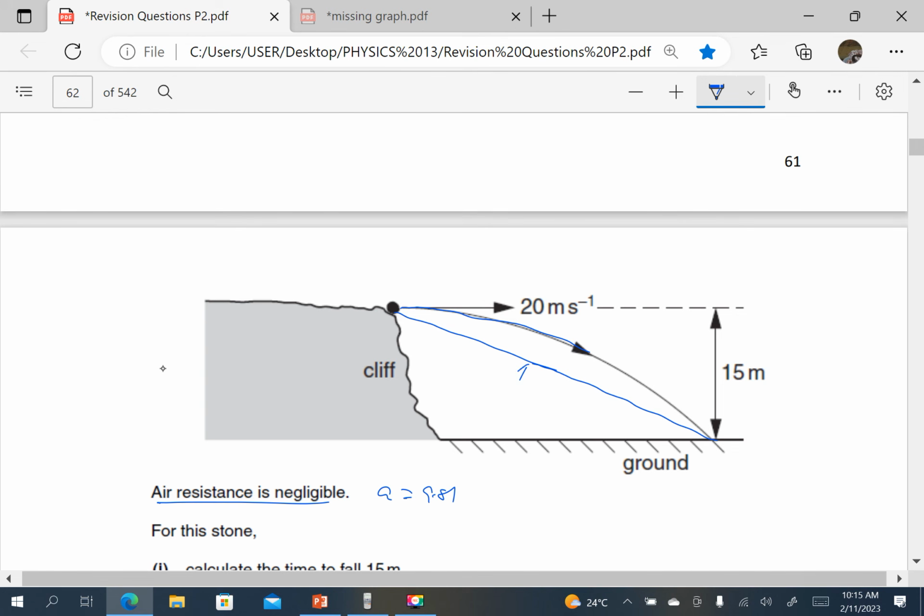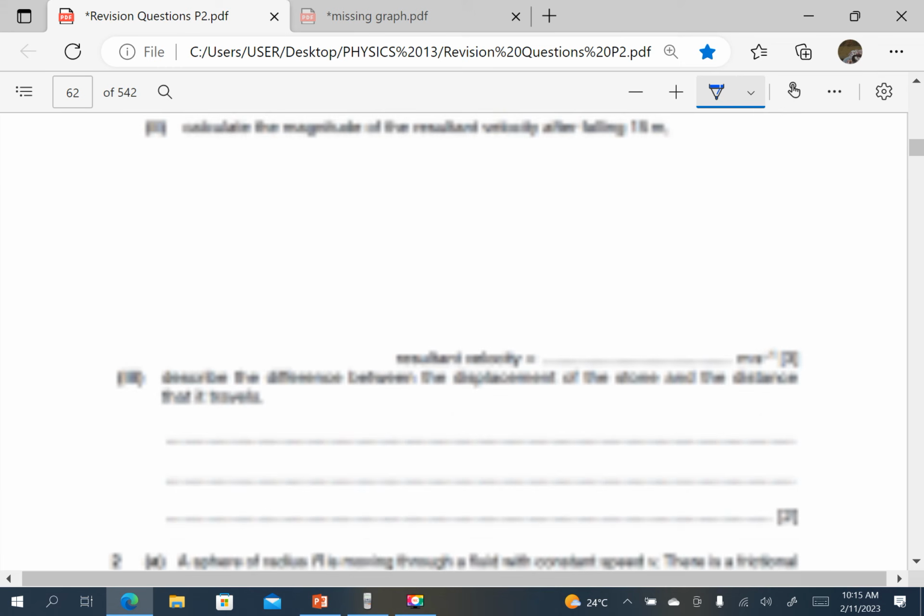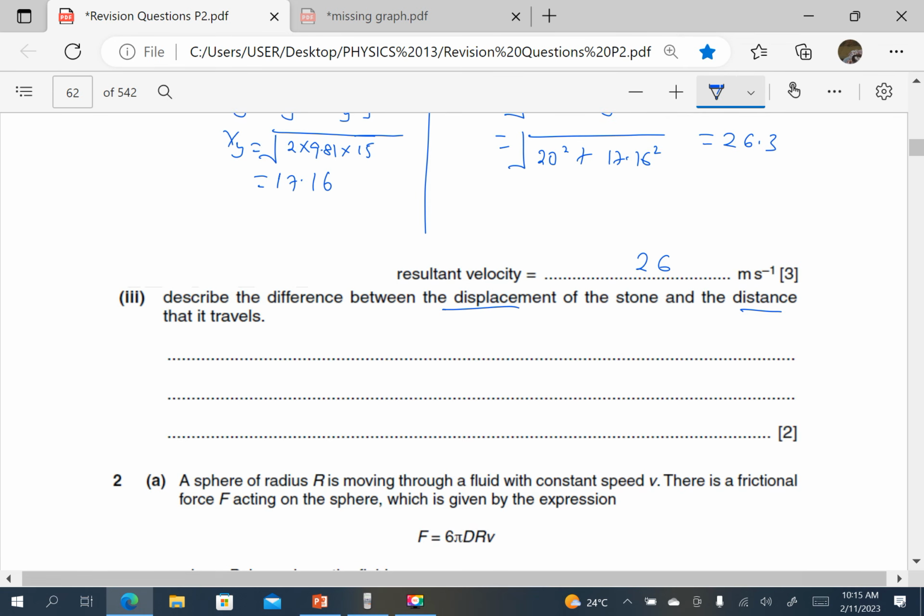So distance is the length of the actual path traveled, while displacement is the straight line distance between the start and the finishing point.